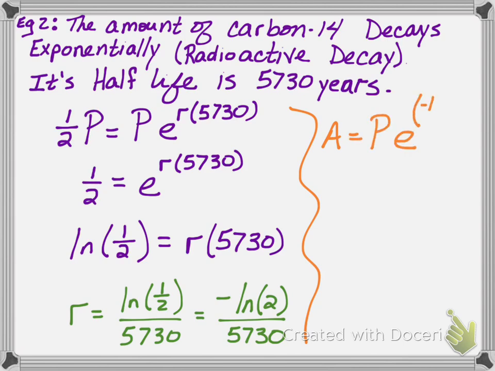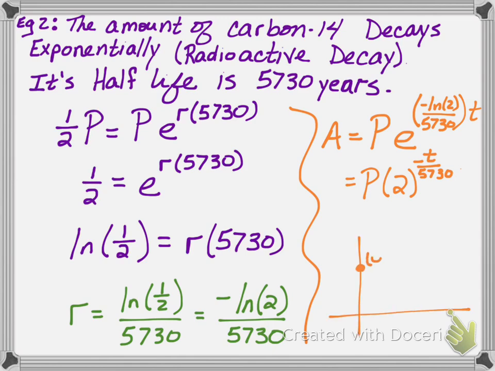Which means the equation for the amount of carbon-14 that's present would look like A equals P e to the negative natural log of 2 over 5,730 times t. The fact that e to a natural log, they cancel out. We could also write this as A equals P times 2 to the negative t over 5,730. And here is our graph of the exponential decay.